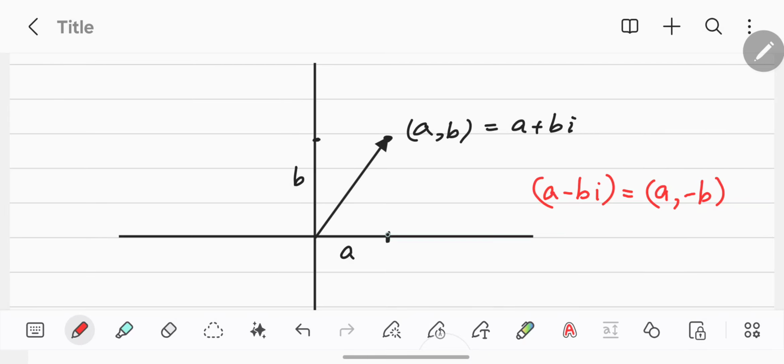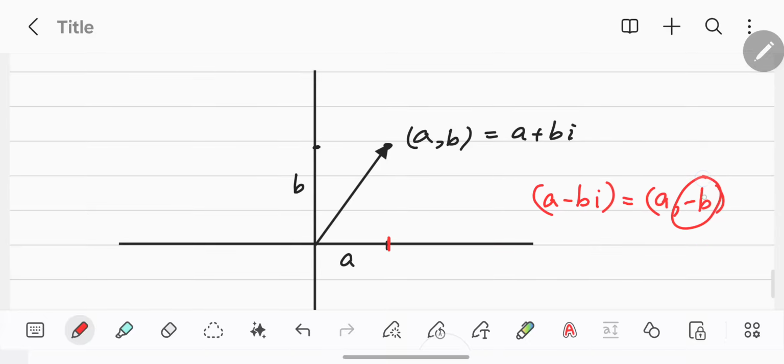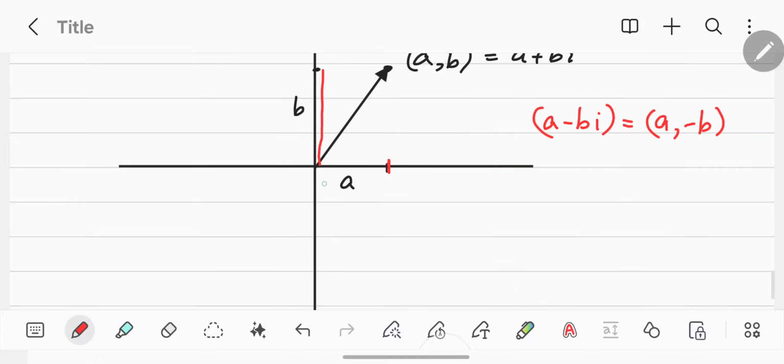Okay, so I have to draw these 2 points. The a point is the same, right? But the b point is the opposite of this b, right? Since this b is this way on the top, my new b is negative b, so it must be below, okay? So the b should be here somewhere. So I need to draw the point by joining these 2 points. How can I draw it?